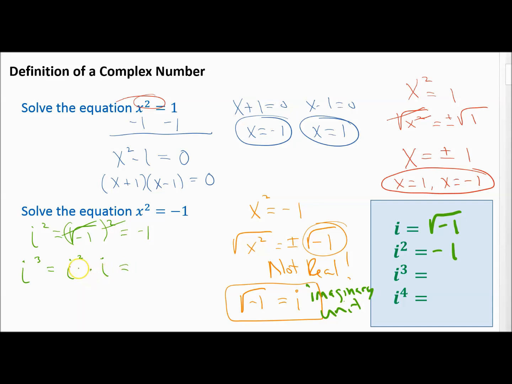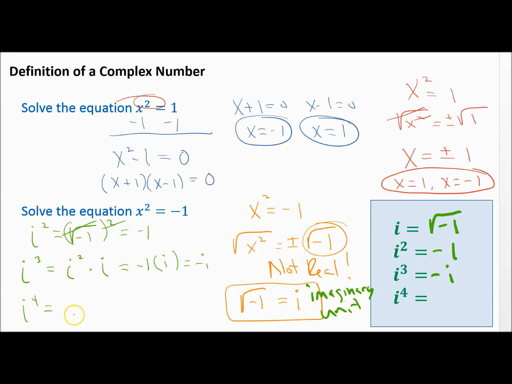Now let's substitute. i squared is -1, and i, we're going to leave it as i. -1 times i is -i. So if you're ever doing a calculation and you get i to the third as your result, it can be simplified further into -i.